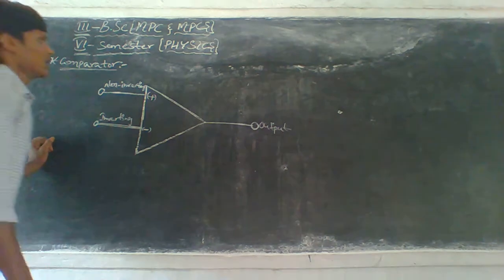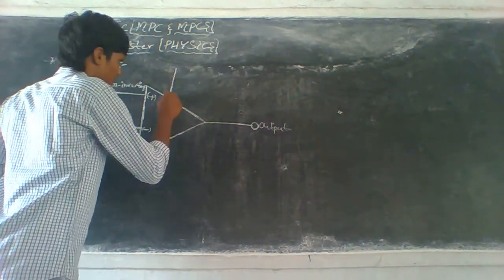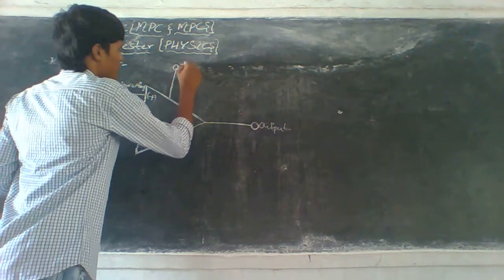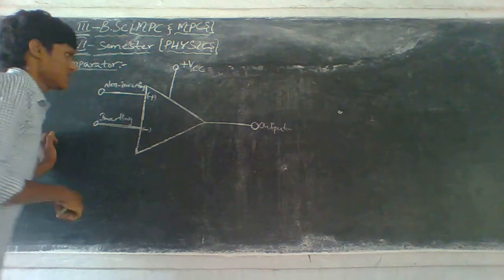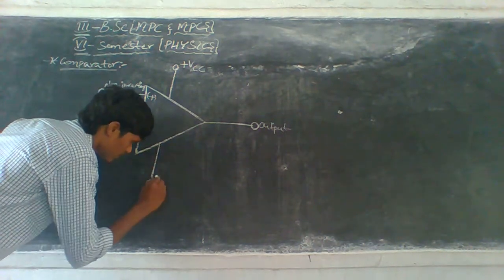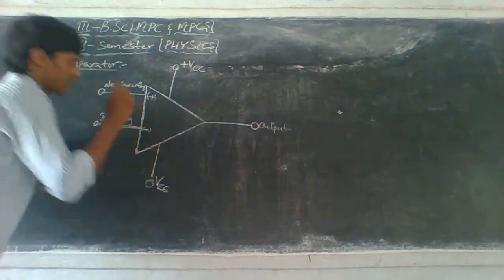The operational amplifier has two supplies. First one is the positive supply, plus VCC, and the other one is the negative supply, minus VEE.